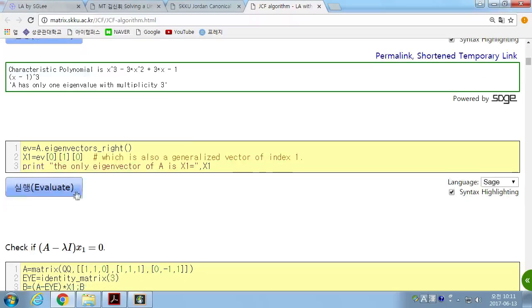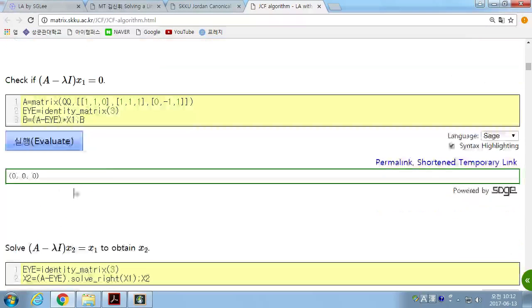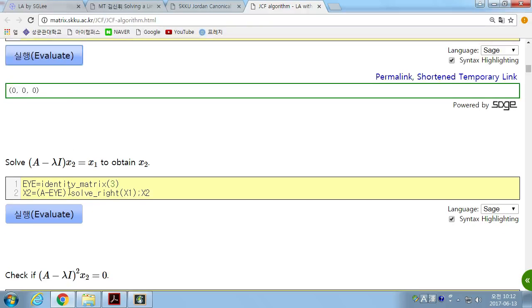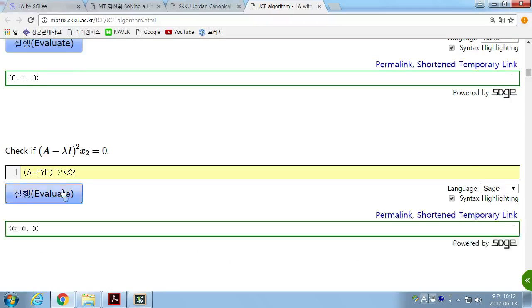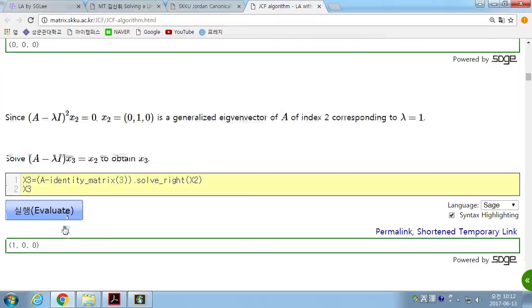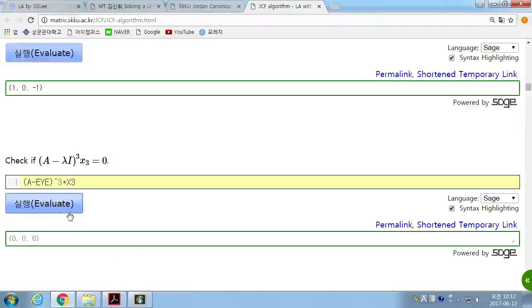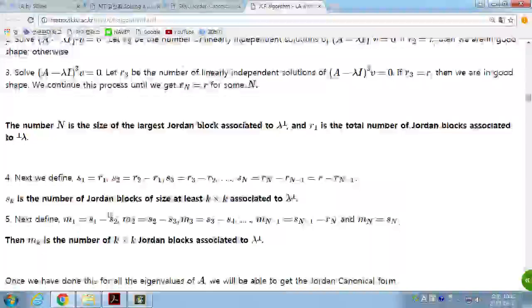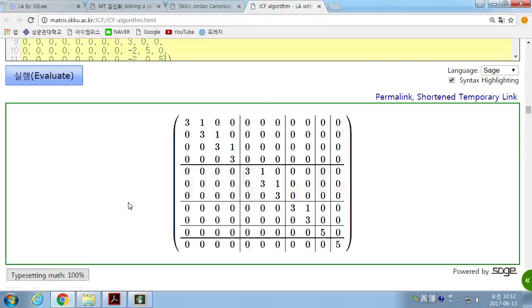Then you find the eigenvectors like this, and solve the linear system of equations, and this gives us a chain of generalized eigenvectors. That gives you the generalized eigenvectors, to form a Jordan canonical form by using the generalized eigenvectors.